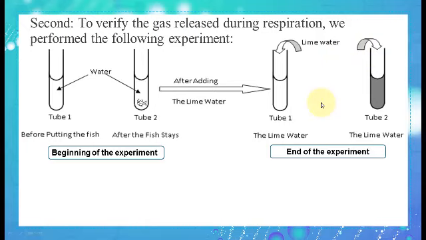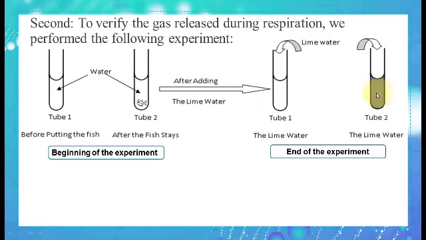What do you observe at the end of the experiment? What happens to the aspect of lime water after adding it to test tube 1? Does it change? No, it stays clear. What happens to the aspect of lime water in test tube 2?